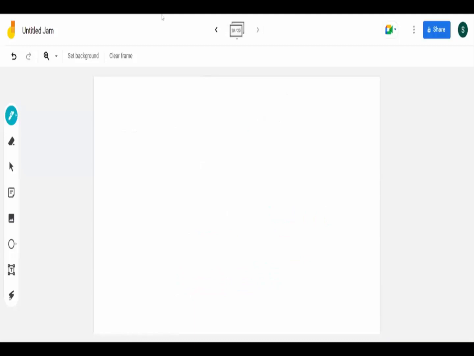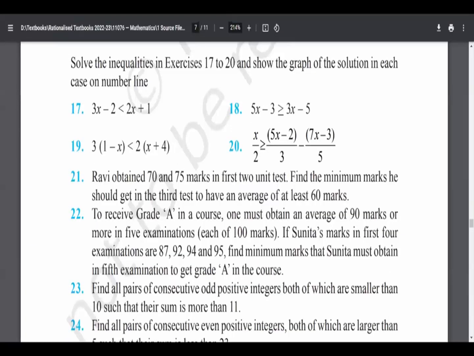Till now you have noticed we have not done something special in any question. All are pretty straightforward questions, and if you get this, I am sure you might get full marks on this. We just have to open the bracket, simplify, add and subtract, solve for x.